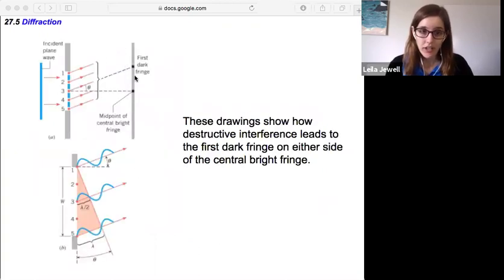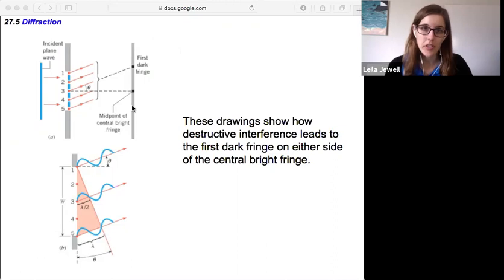Now, if you shift off of that central bright fringe, there's going to be some destructive interference. There can be a point where, say, with sources 1 and 3, 3 is half of a wavelength longer, and 5 is a full wavelength longer, and that produces a dark fringe that's offset from the central bright fringe.